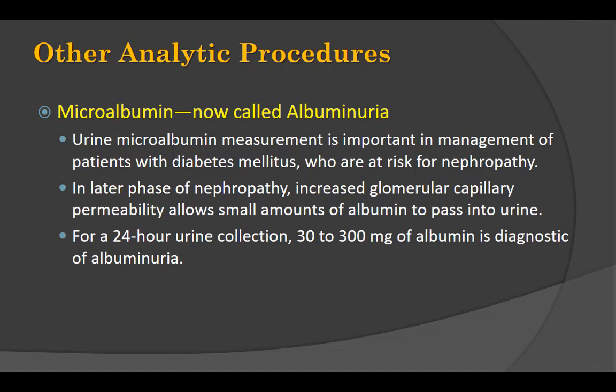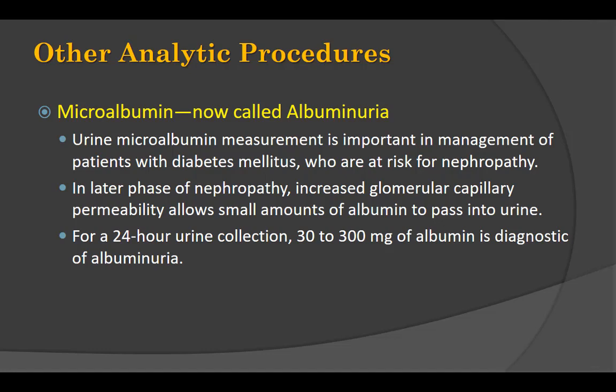Okay, diabetic nephropathy. In later phase of nephropathy, when the kidneys are damaged at advanced level, increased glomerular capillary permeability allows the albumin to appear in very large amounts. So microalbuminuria or albuminuria is an indicator of early damage, but when damage is advanced, you will have large amounts of albumin coming in the urine.